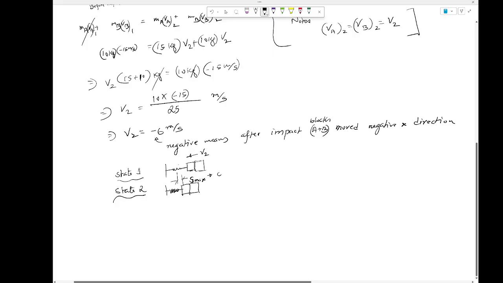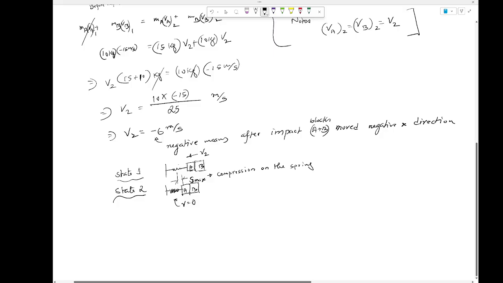That is the compression on the spring. And this is again your block A and B. And now the final velocity would be what? Velocity would be 0 here, right? Because that's where it gets stopped.